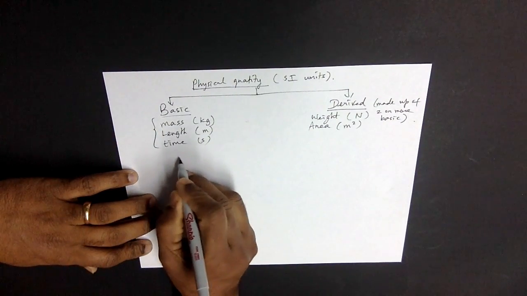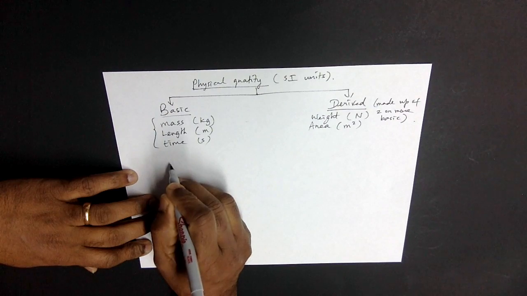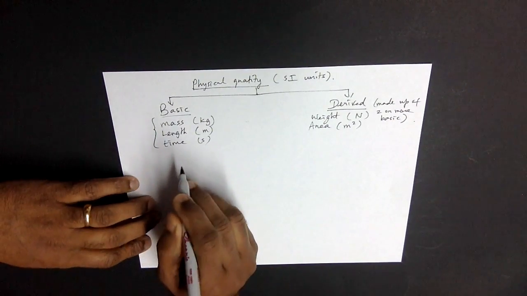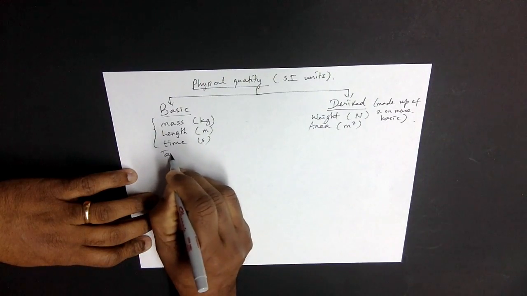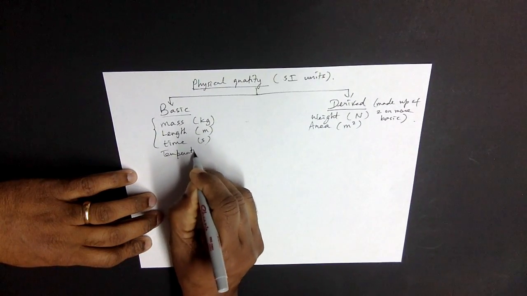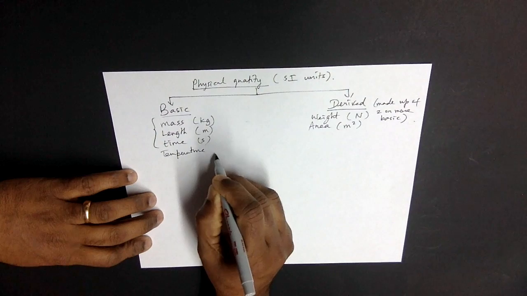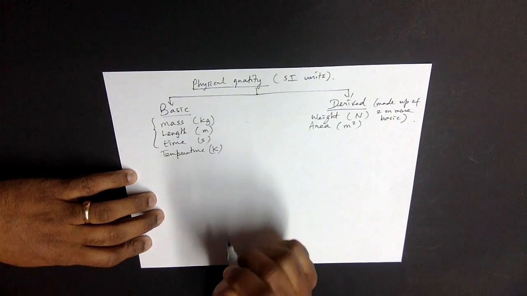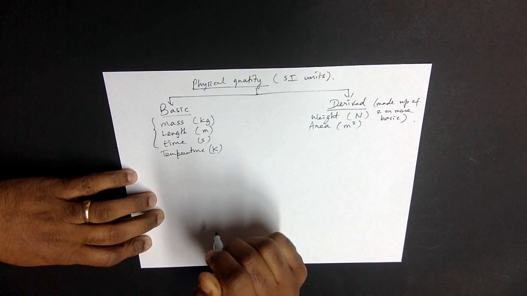But then there are some basic units which are mainly for certain chapters, and they are temperature. Temperature is not measured in degrees Celsius or Fahrenheit, it's measured in Kelvin, because Kelvin makes more scientific sense.